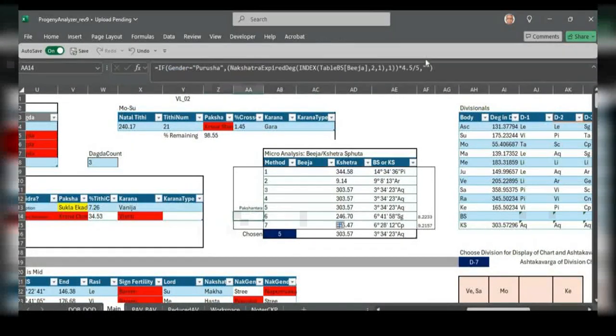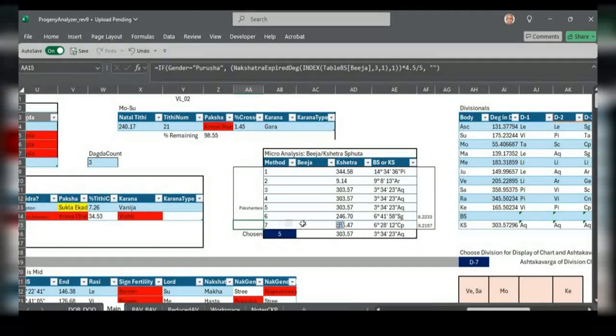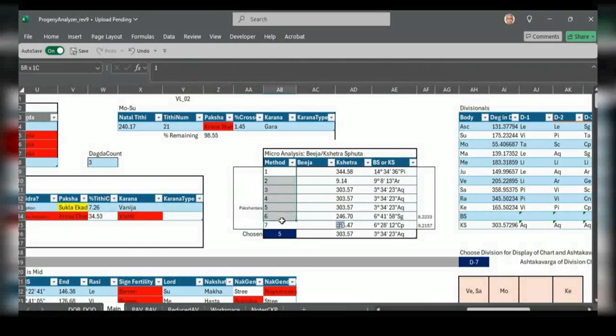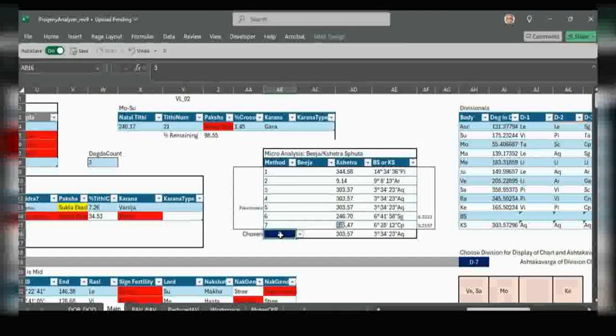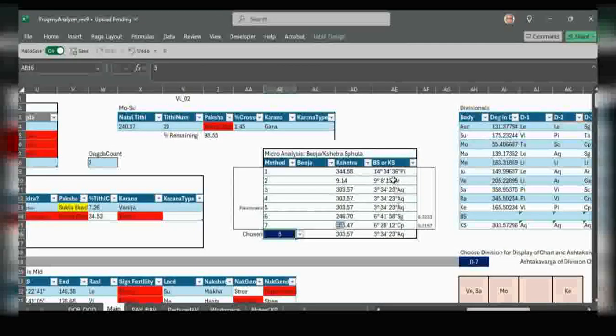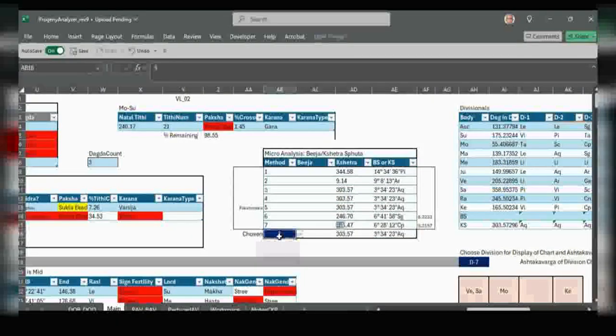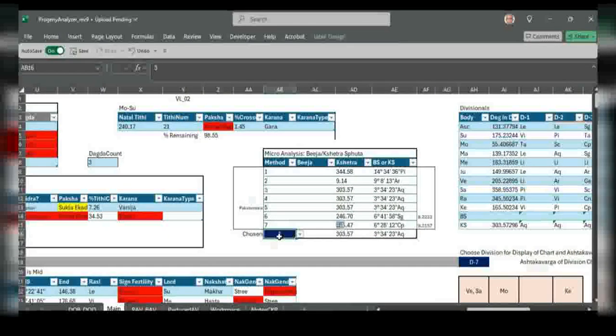This one is based upon the second method, and this is based upon the third method. So you have multiple methods for Bija Sphuta, and the individual can choose which method to use to compute the Bija Sphuta that will be populated in this table. This is the Bija Sphuta and Kshetra Sphuta for the method chosen by the user.